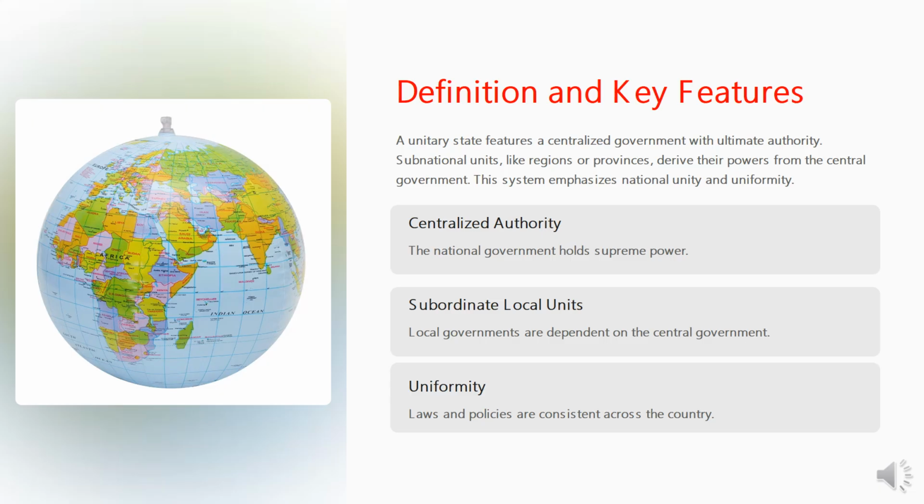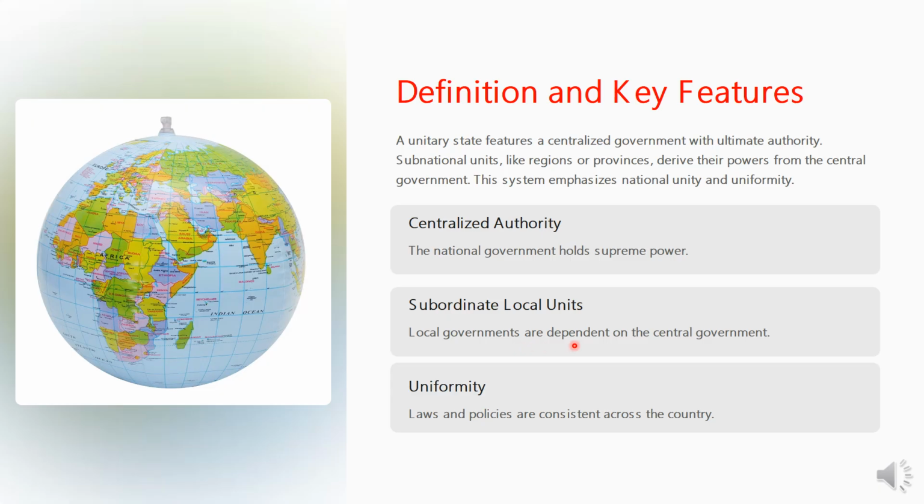A unitary system is characterized by centralized authority, subordinate local units, and uniformity. In centralized authority, the national government holds supreme power. Power is concentrated in the central authority, which makes decisions for the entire country.